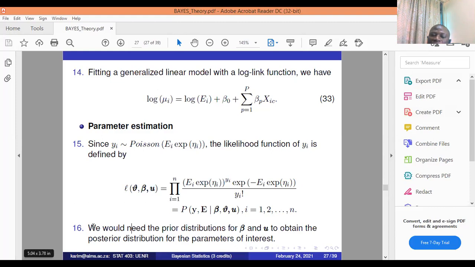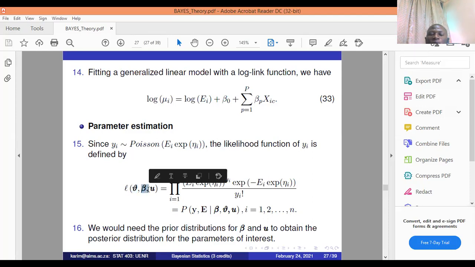So I'm saying that we will need the prior distributions for beta as well as the U. And once we know that, then we can get the posterior distribution for the relative risk. So we need the prior distribution for the relative risk, we need that for the betas, and we need that for the residuals.